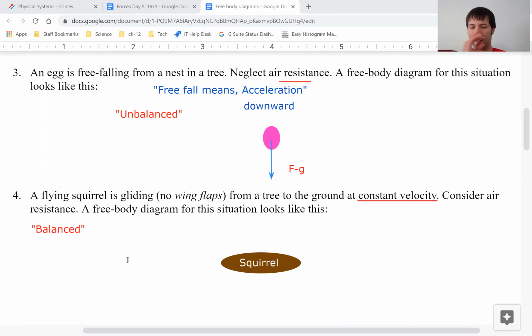So let's look at what forces would be on the squirrel. The first force that you should draw on every single diagram that you do for this class is gravity. The force of gravity is pulling the squirrel downward. It pulls everything downward. This is the force of gravity.